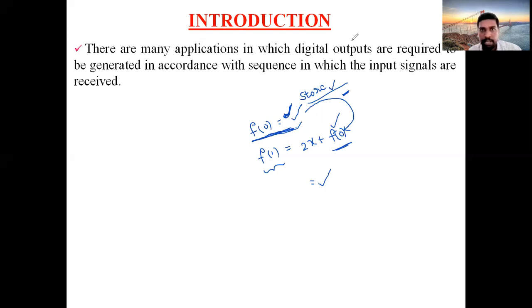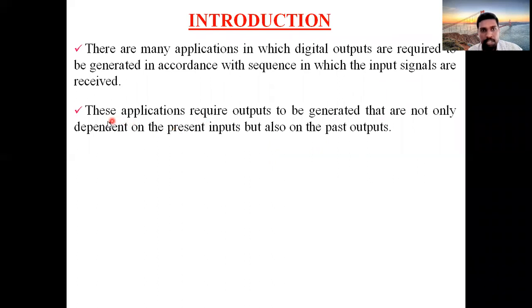Okay. Clear? Now, see, these applications require the outputs to be generated that are not only dependent on the present inputs, but also on past outputs. Very, very important. So in order to store these past outputs, we are using the memory elements.